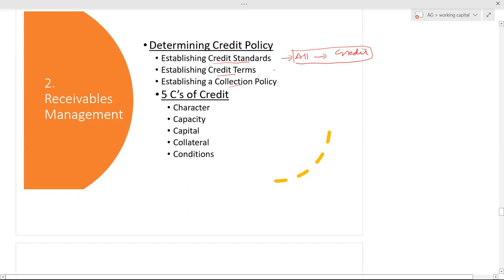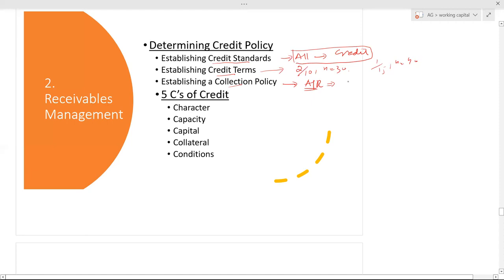And establishing the credit terms, this is what we have done: 2 by 10 and 30, 1 by 15 and 40. These are the terms that the company needs to decide. And establishing a collection policy: when the account receivable is generated, how are the collections going to be? Let's say if the customers are not able to pay on time, what action is the company required to take?